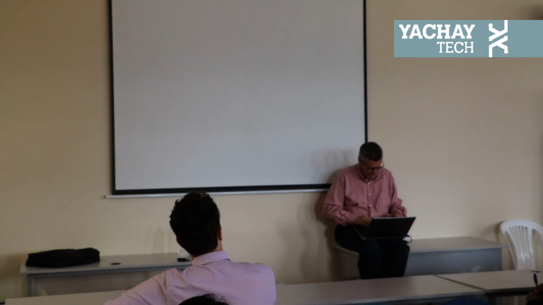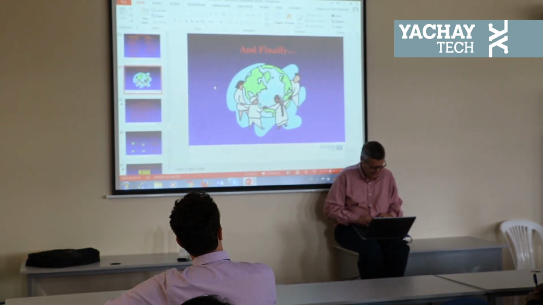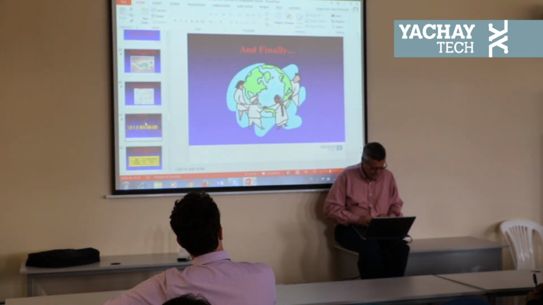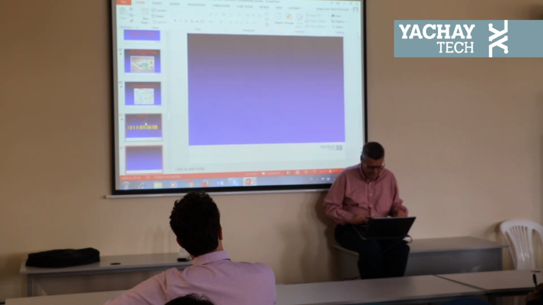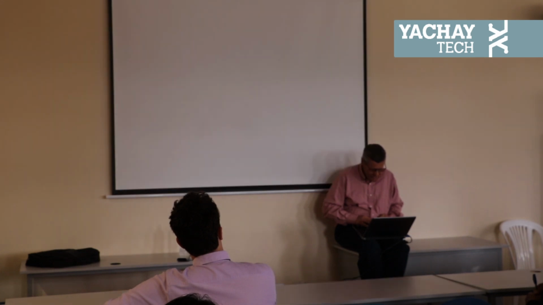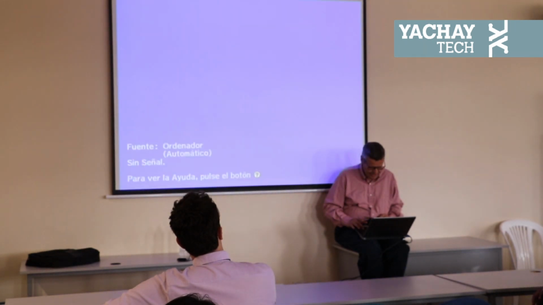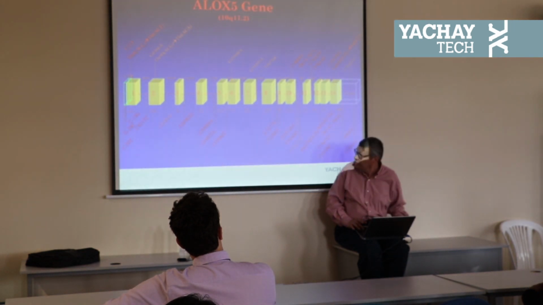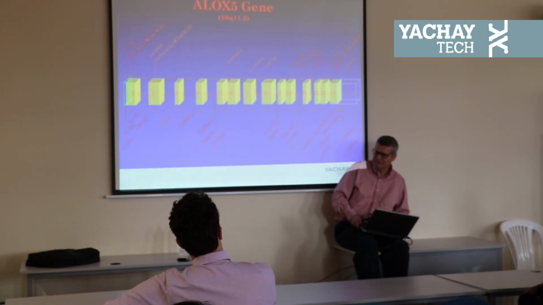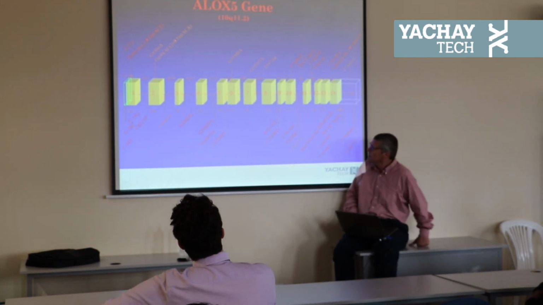Let me just get back to the slide that I think I'm referring to. I didn't talk about this, but I'll use this slide because it has a lot of introns and exons. Here you can see a ton of exons and introns.